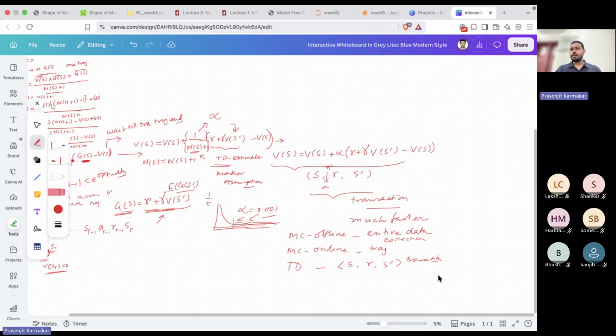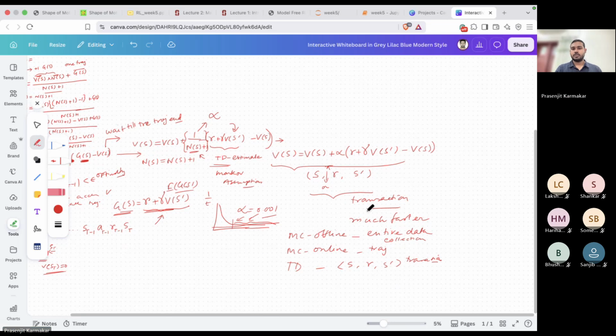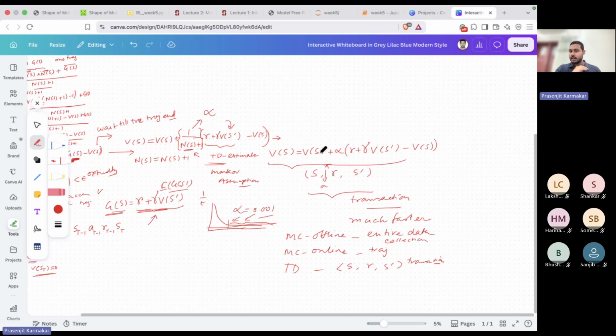It's an incremental thing. So with this, now you don't have to even track how many times you are visiting a state. Every visit, first visit logic disappears. You just put everything into a learning rate and just keep interacting and updating the value. So you always have a running estimate of value that you are updating.